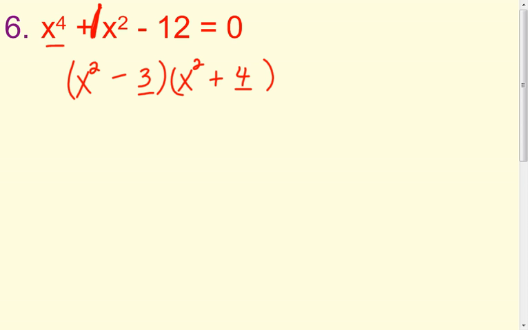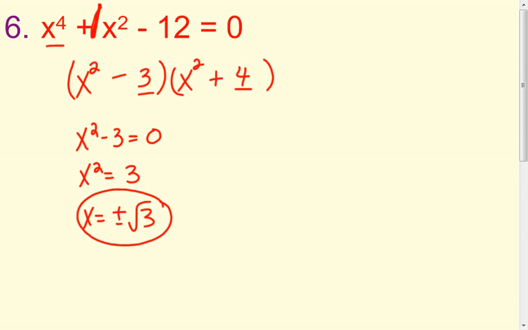Okay? And so then, these are not perfect squares. Okay? So I can't do that, but I can factor it like this then. x squared minus 3 equals 0. And so x squared equals 3. And x then would be positive or negative square root of 3. So there's two answers right there.